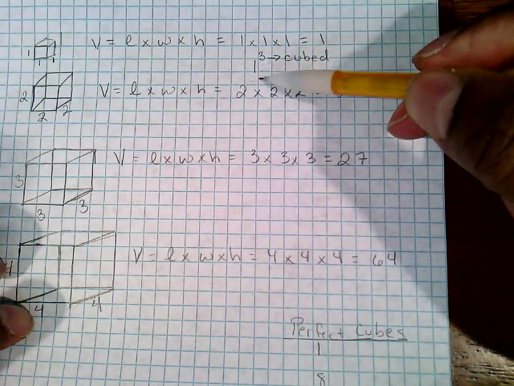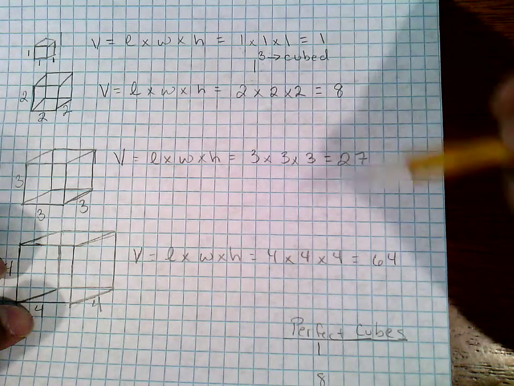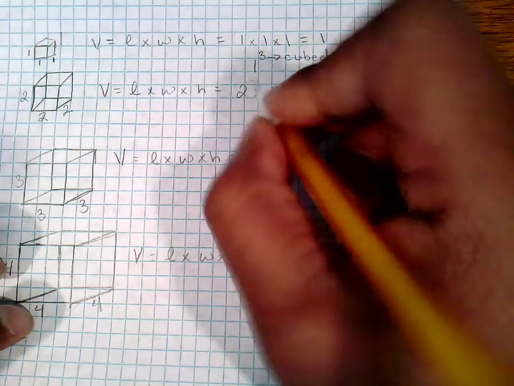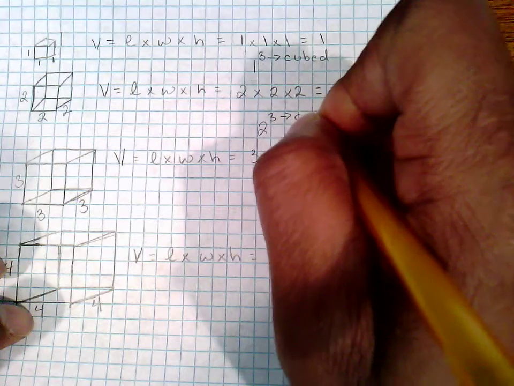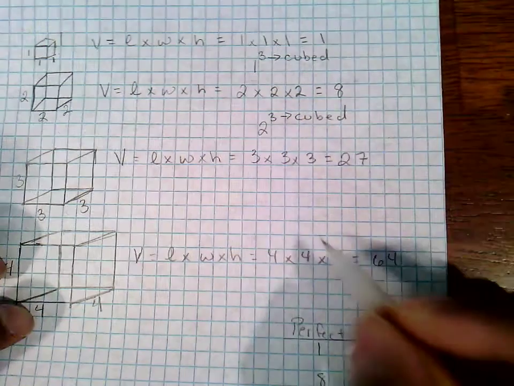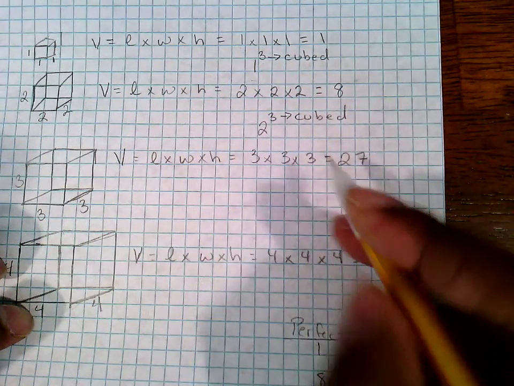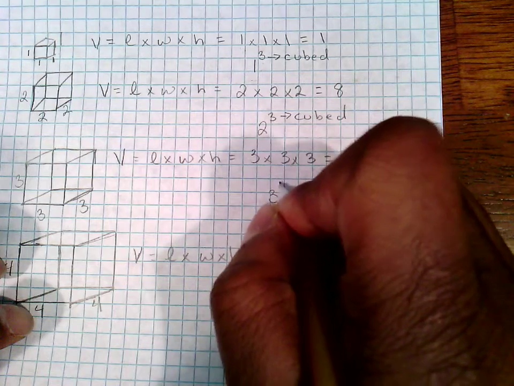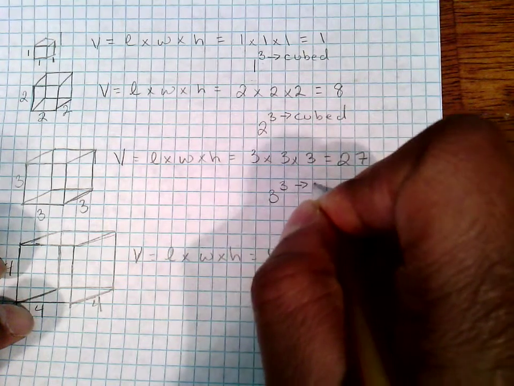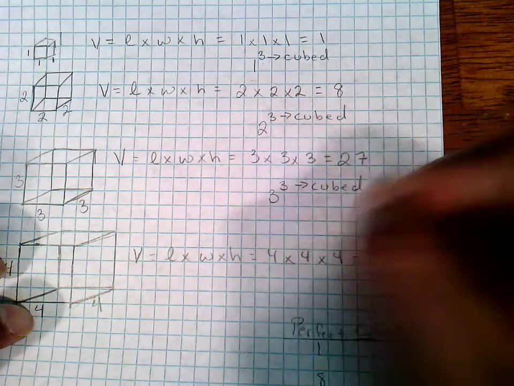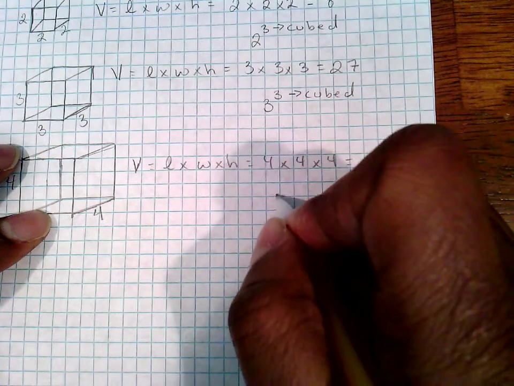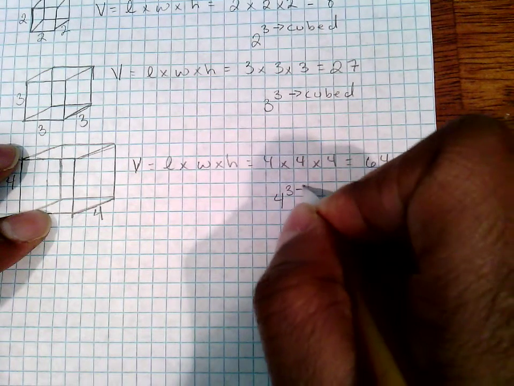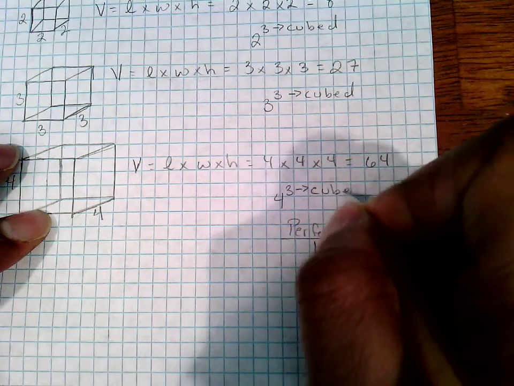So this would be 1 cubed. Same thing here would be 2 to the third power, or 2 cubed. This would be 3 to the third power, or 3 cubed. And for our last one, this would be 4 to the third power, or 4 cubed.